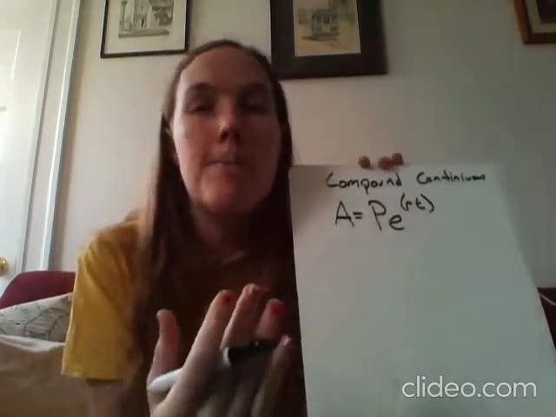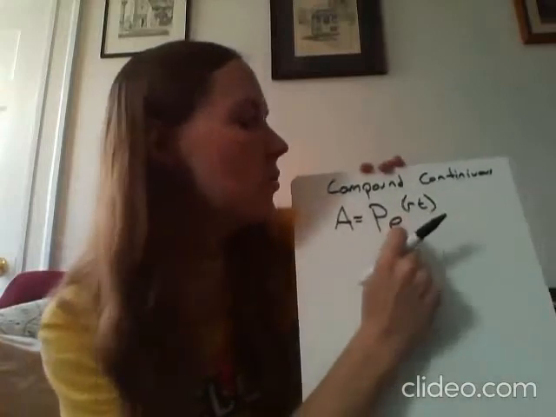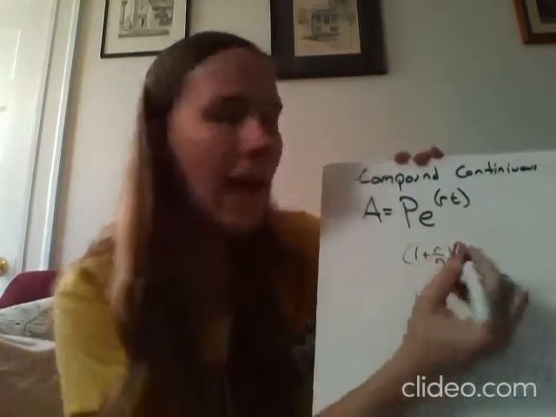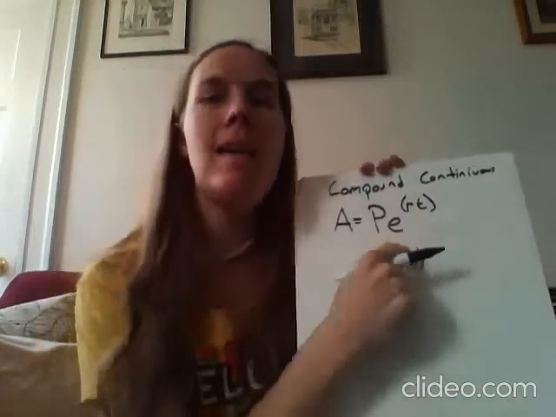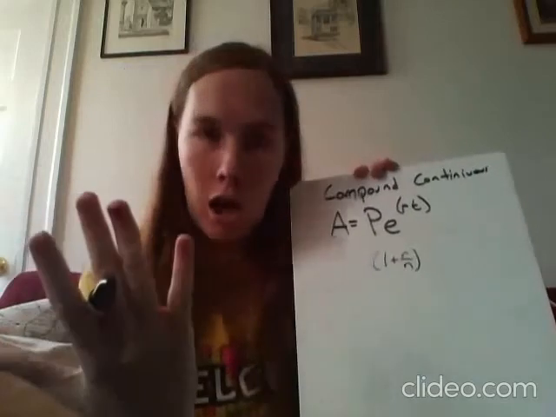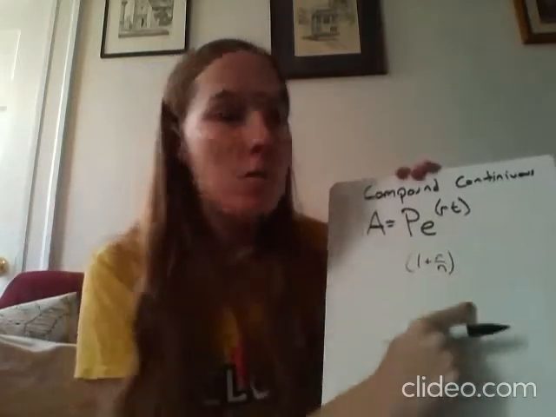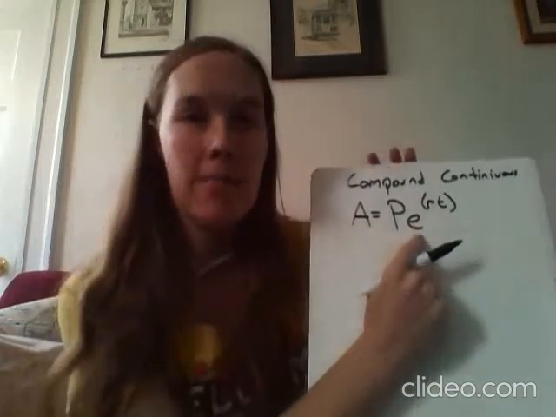Some people call this PERT because it looks like PERT, like the shampoo. The reason we don't have that 1 plus R over N is because that is what E does. E is part of the natural log, which means this E does all of this but continuously. So instead of that part, we have our E now.